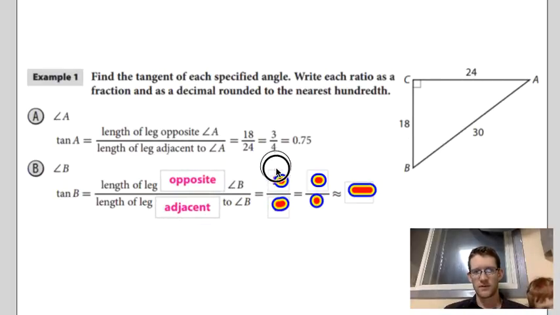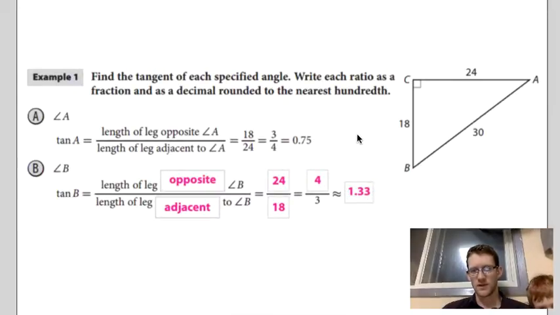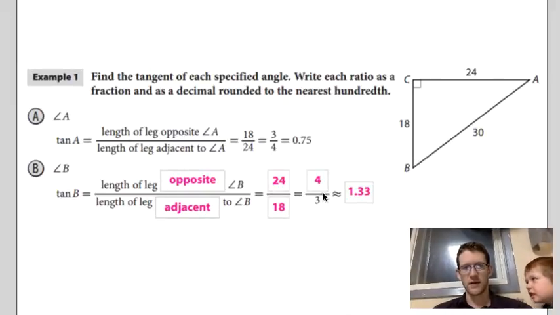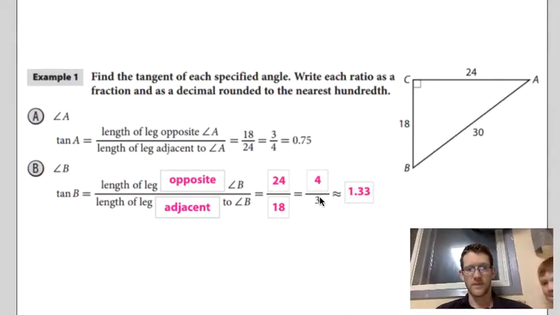Opposite is 24, adjacent is 18. It reduces down to 4/3, and that comes out to 1.33. So real quick, notice here that the tangent of one of these angles on a right triangle is 3 over 4. The tangent of the other angle on this triangle is 4 over 3. So they're reciprocals of each other, right?